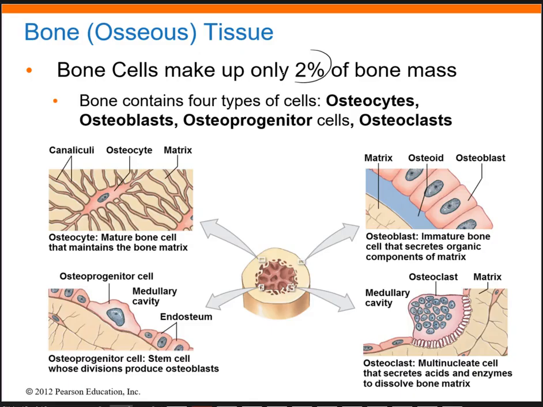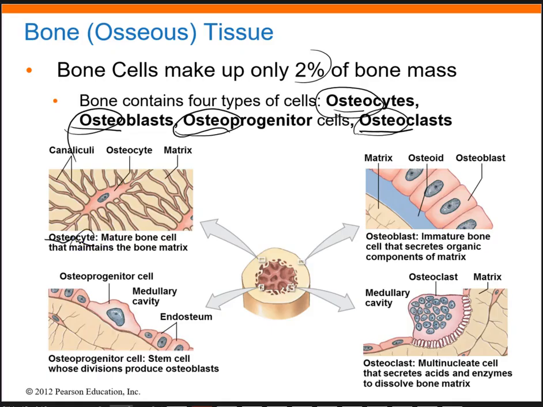Bones contain 4 different types of cells: osteocytes, osteoblasts, osteoprogenitor cells, and osteoclasts. So you see this prefix osteo over and over again, right? And osteo means bone. Cyte means cell, so osteocyte literally means bone cell.